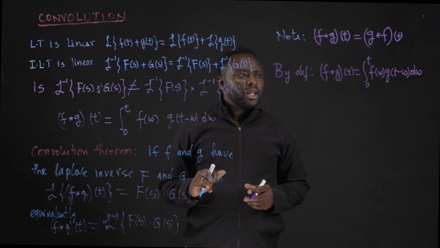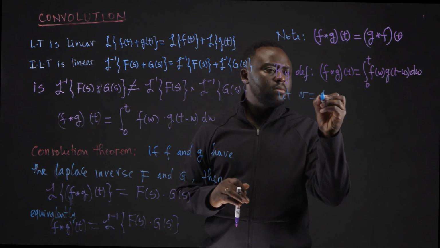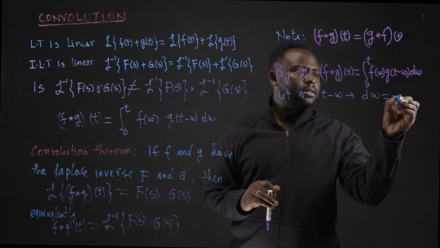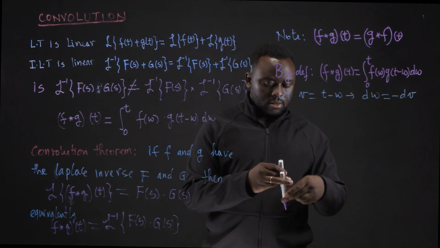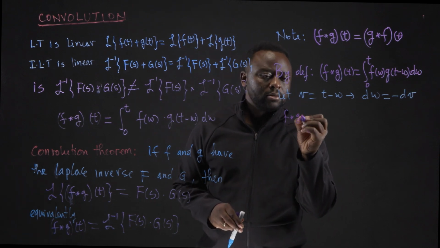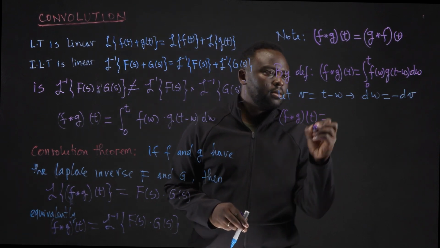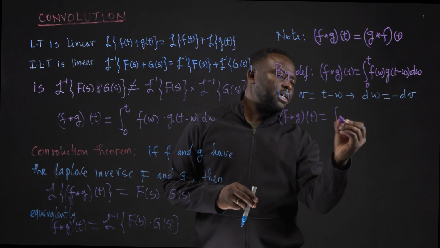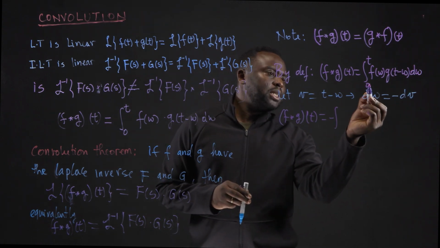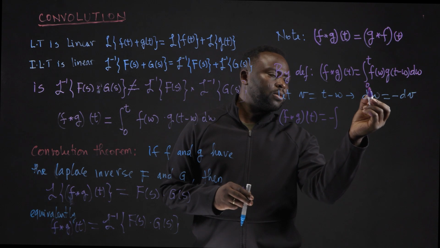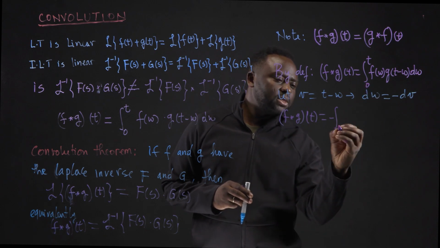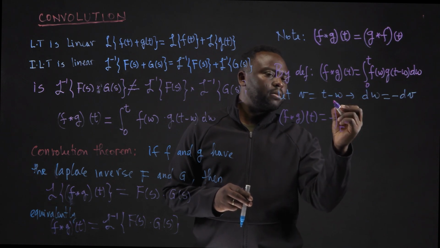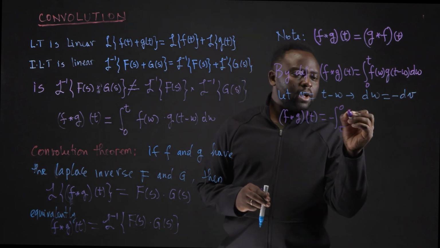Alright, if we let v be t minus omega, then d omega is equal to minus dv, and the convolution f with g of t is the integral. So in this case, of course, I want to write this negative sign here. When omega is equal to 0, v becomes t, and when omega becomes t, then v becomes 0, of f of omega.